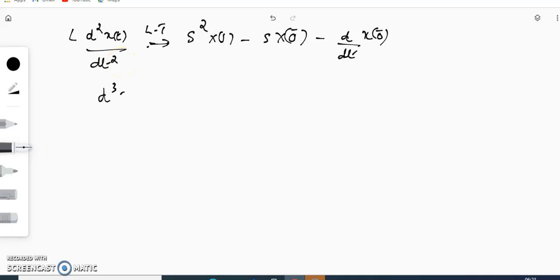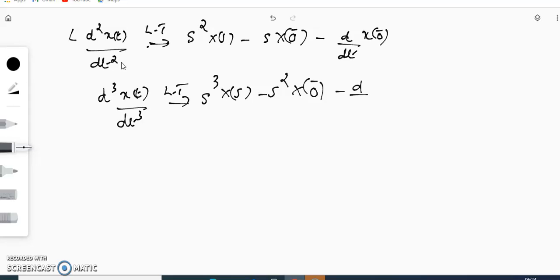Similarly, what will be the Laplace transform of d cube x of t by dt cube? Its Laplace transform will be s cube into x of s minus s square into x of 0 minus s into d by dt of x of 0 minus, and it goes on like this. Okay.